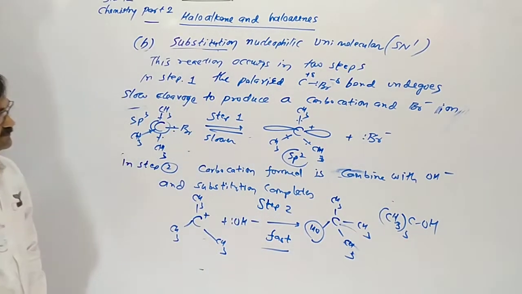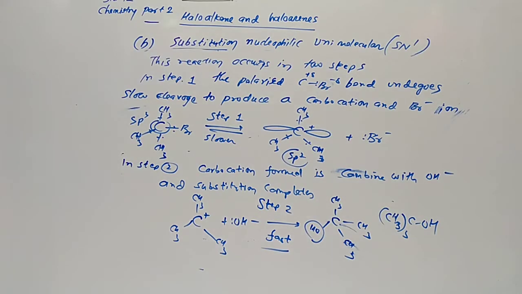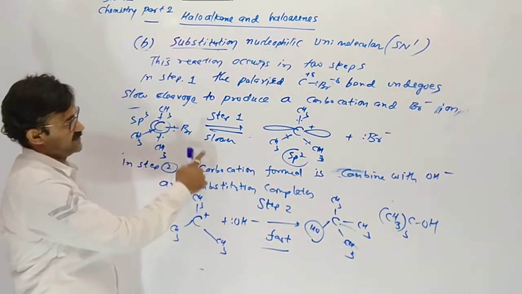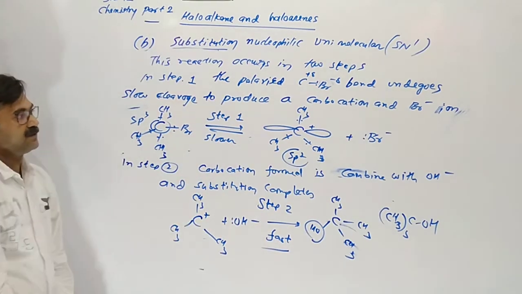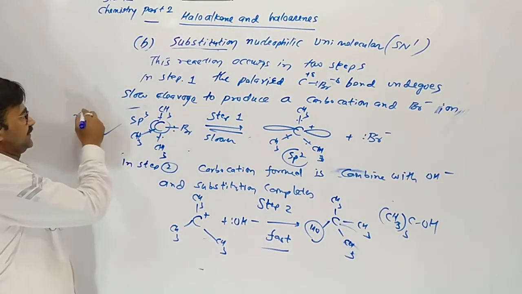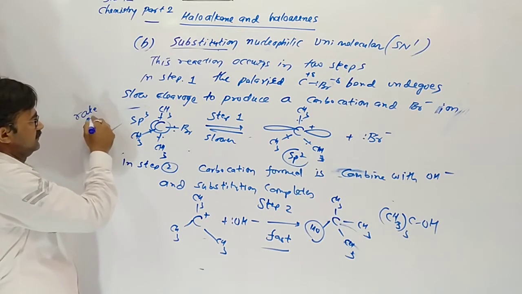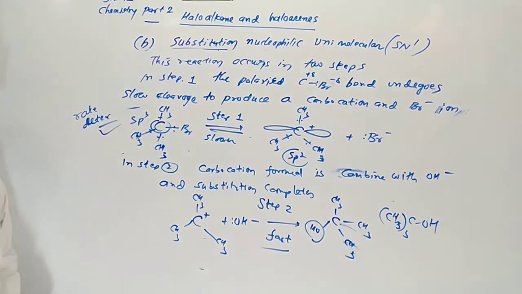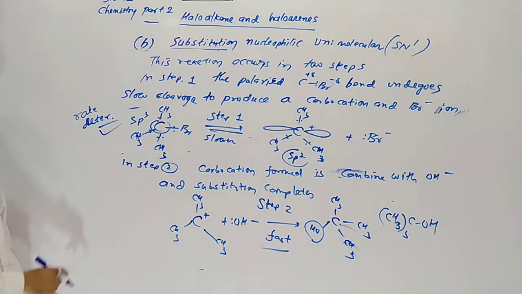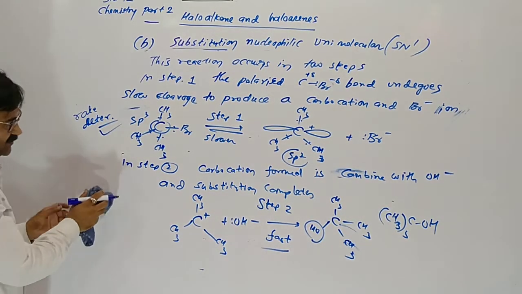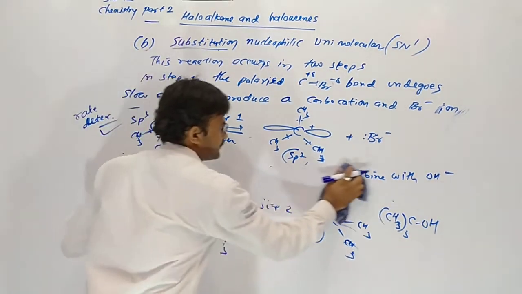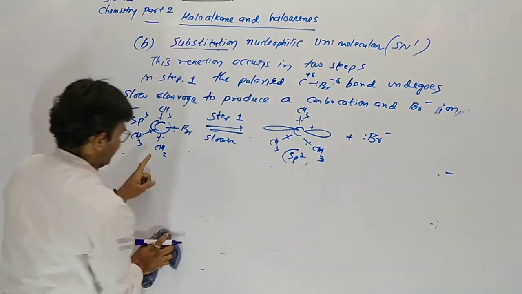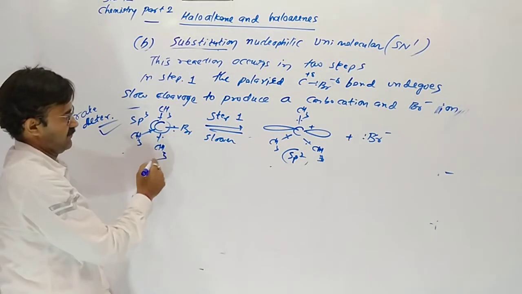I am using the concept of chemical kinetics, chapter number 4. Whenever a reaction occurs in two steps, the slower one is the rate determining step. In the slower step, only one molecule is taking part.